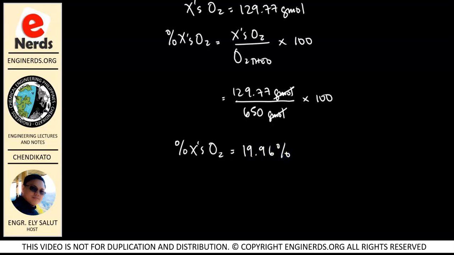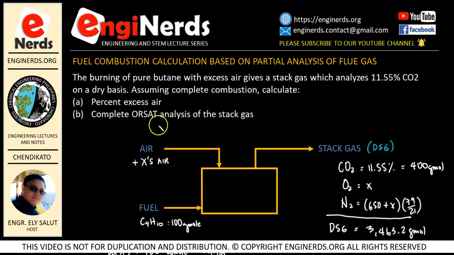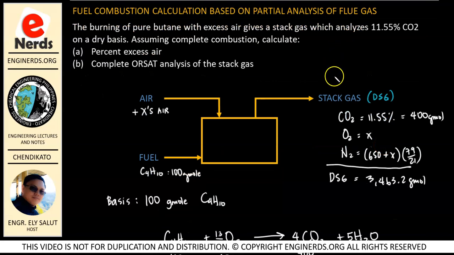Alright, so this is our final answer for our requirement A. Okay, so now we need to determine the complete Orsat analysis. As you can see in here, we already know the value of our excess O2, which is 129.77 gram mole. But we still don't know the value of N2.